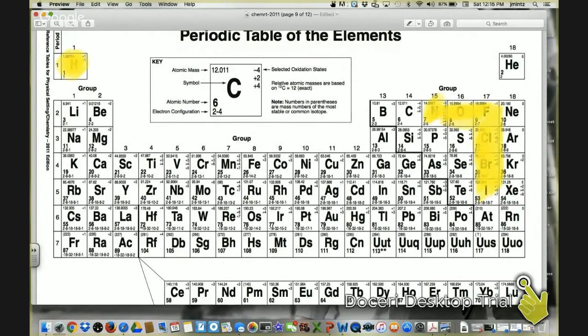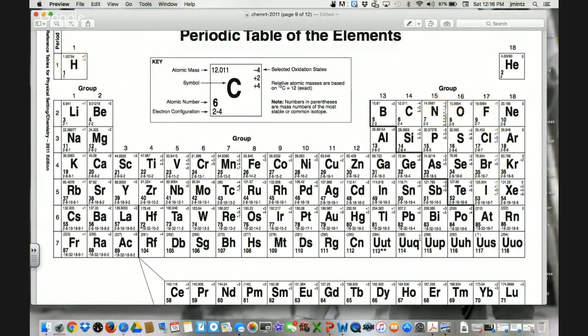You could also memorize Brinclhof, B-r-I-n-Cl-H-O-F. Either way, what's important to remember is these don't exist by themselves. They have to be bound to each other. So if you're asked to write out what oxygen gas would look like, you would have to write it as O2.